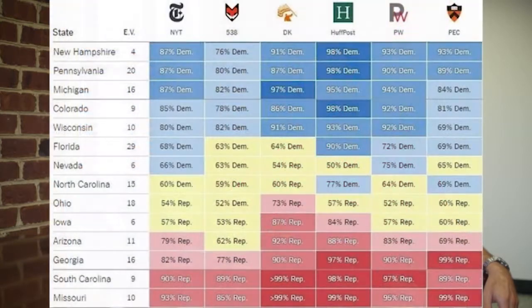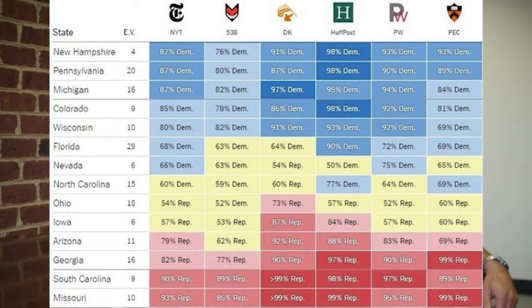But you also see that the polls in general, and people who modeled off the polls, got the states very wrong. The supposed blue wall of Pennsylvania, Michigan, and Wisconsin, states that had gone for Democrats since 1988, and in the case of Wisconsin, since 1984, all had Democratic win probabilities of over 80% from all the pre-election prognosticators.